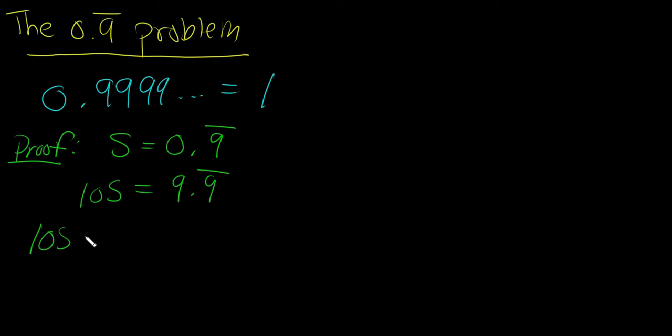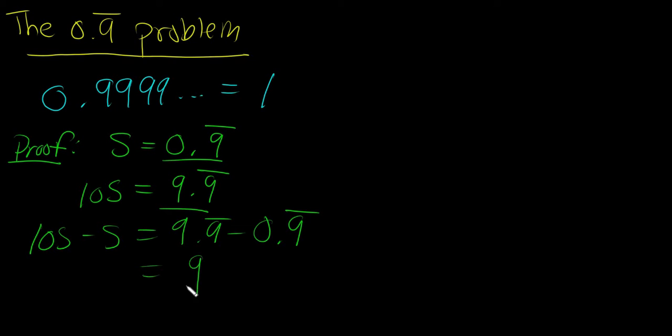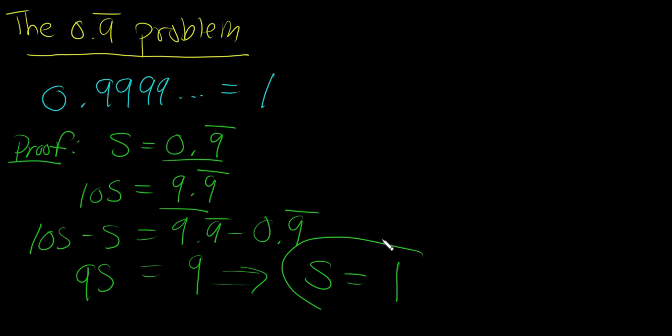We get 10s minus s. Plugging in these numbers, we get 9.9 repeating minus 0.9 repeating, and clearly that's just 9, because you're just getting rid of the part after the decimal. And 10s minus s is 9s.